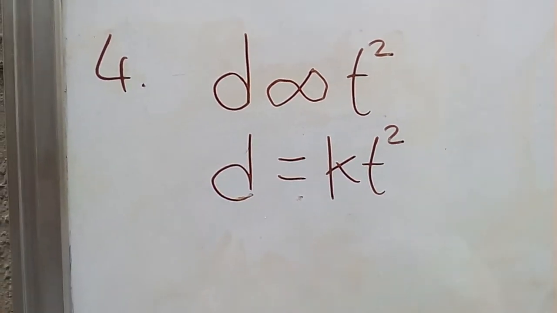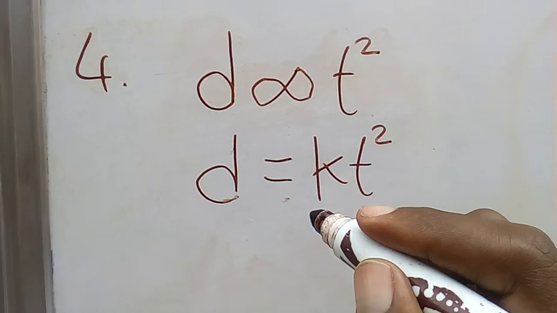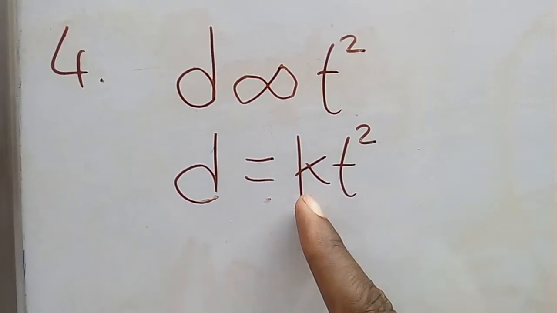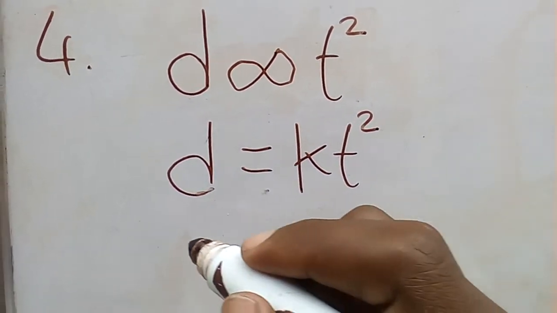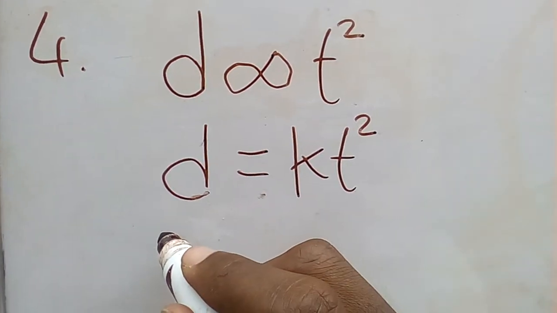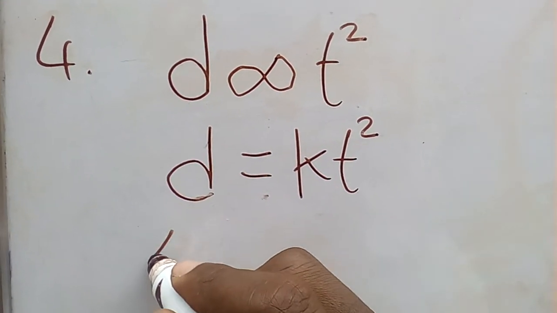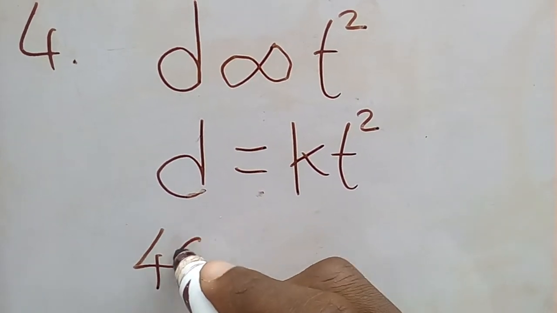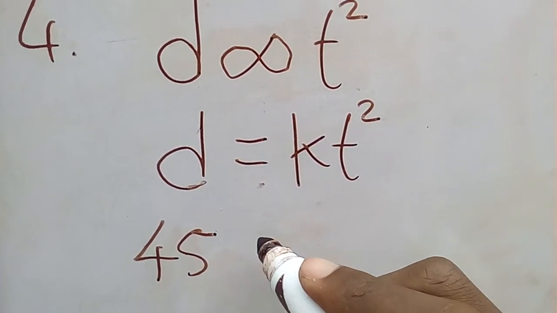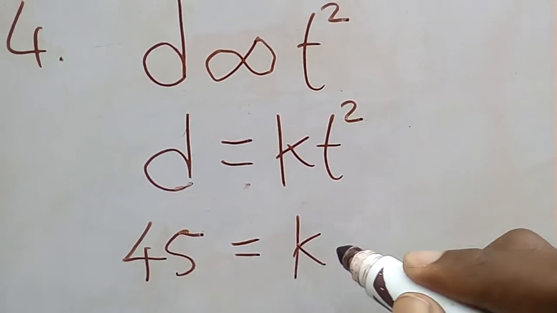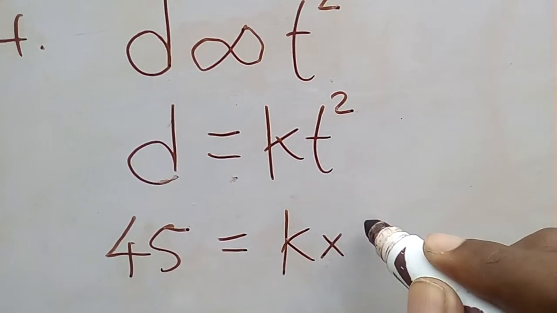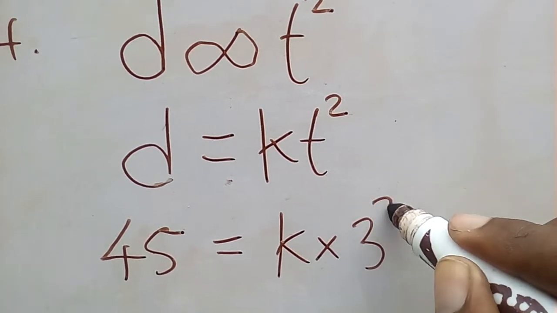Now the first thing we need to do is to find the value of k before we can solve the question. If you remember, the question said d is 45 cm for a time of 3 seconds. So that's 3 squared.